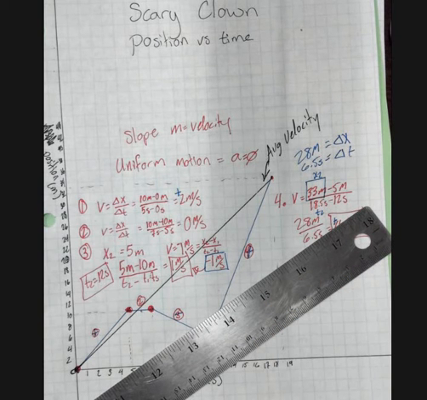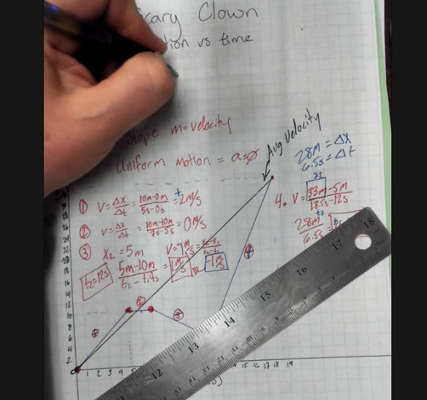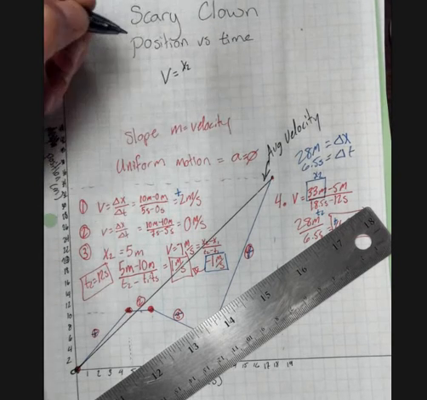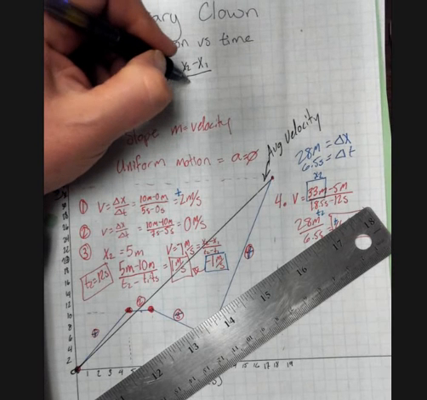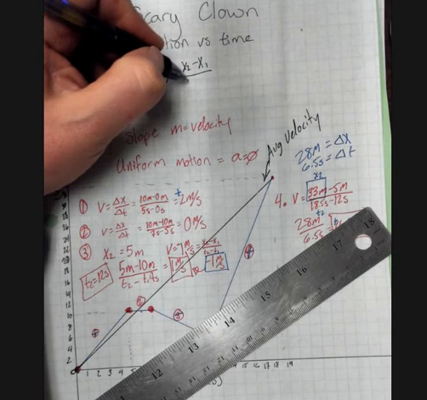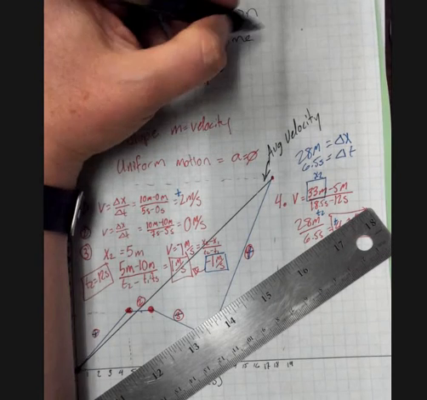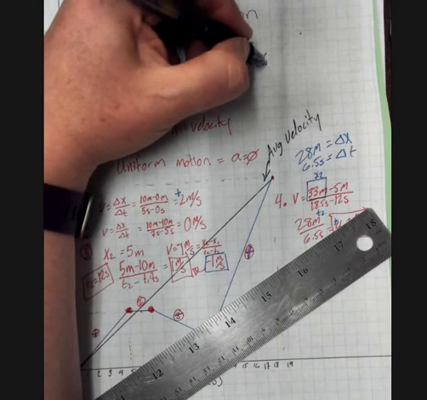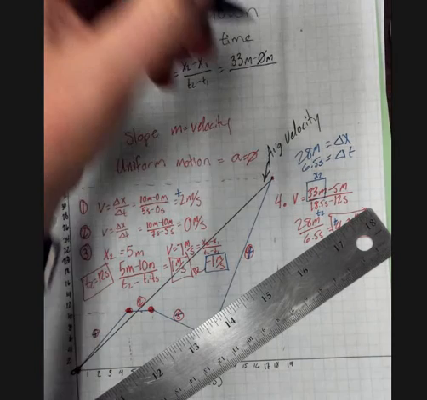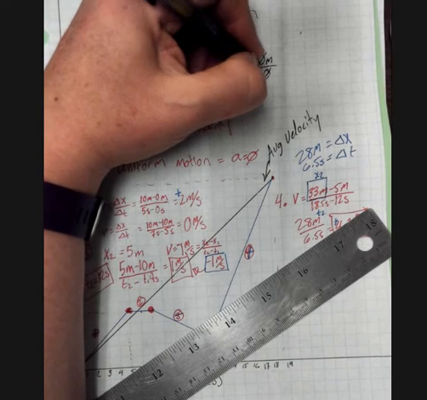So we can determine the total average velocity is going to be the overall final position minus the initial position divided by the overall time. All right, so the overall final position is 33 meters. He started from a 0 meter position. The final time was 18.5 seconds. He started from a 0 second time.